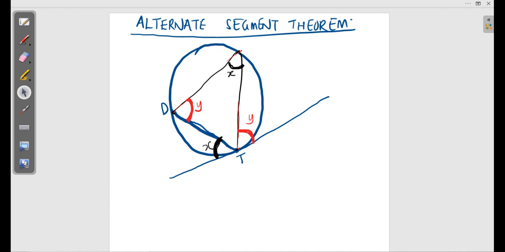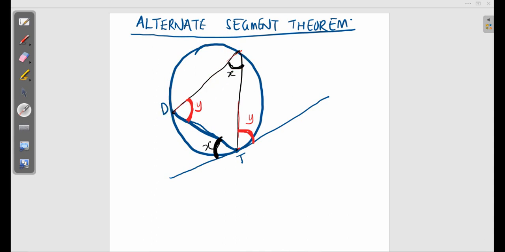So let me take it quickly again. When you're talking about the alternate segment theorem, the first thing you do is identify the angle between the chord and the tangent, which is this x. Now this x will be equal to the angle formed by this chord. So if you pick this chord and you join them, it meets here.